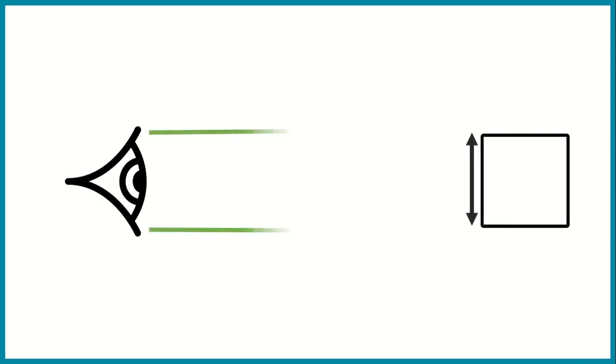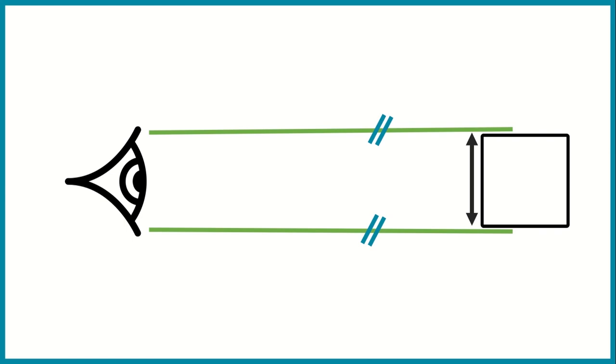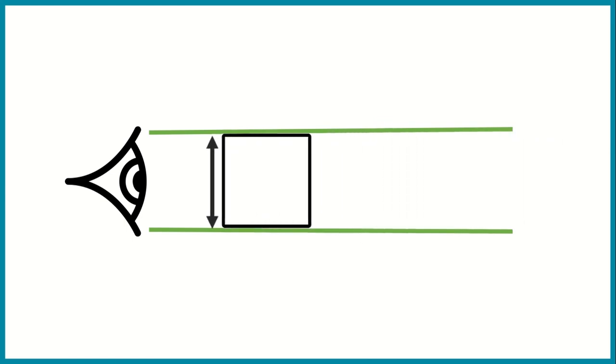In orthographic projection, if we view a shape, we view it with the lines of vision being parallel to each other. This means that no matter how far away or close the object is, its dimensions remain constant.